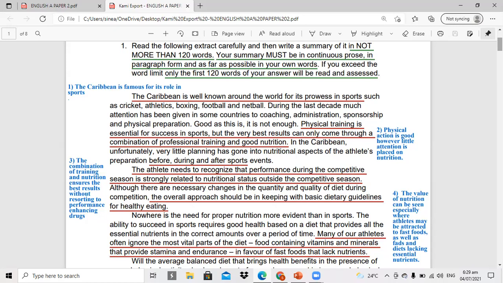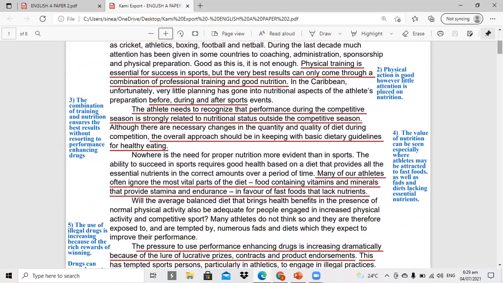Point three now speaks about the athlete. The athlete needs to recognize that performance during the competitive season is strongly related to nutritional status outside the competitive season. So what they are really telling us is that results are in your own words, because you want to be able to say what is this saying to me in my own words.